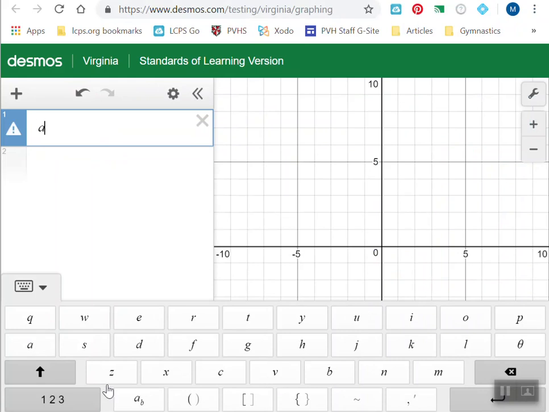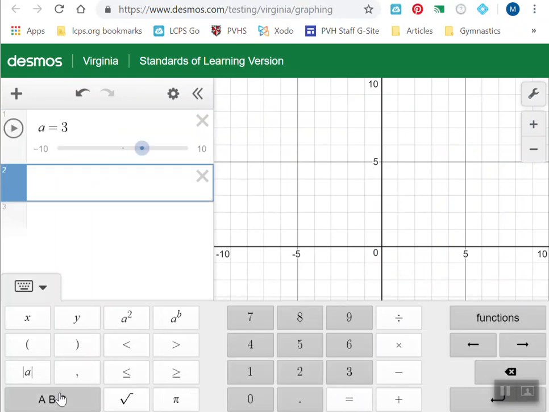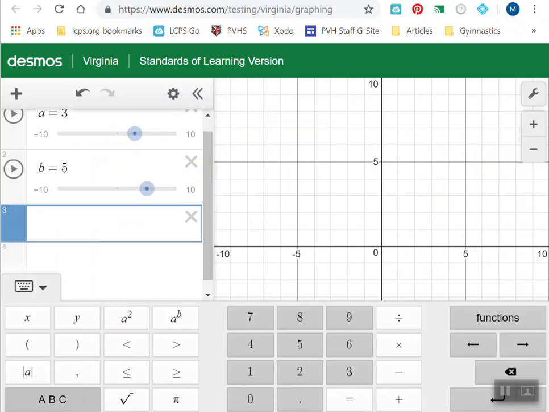So I just type a equals 3, b equals 5, and c equals 7.